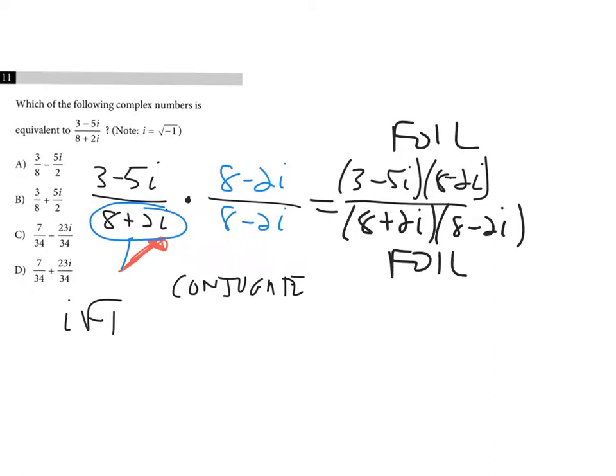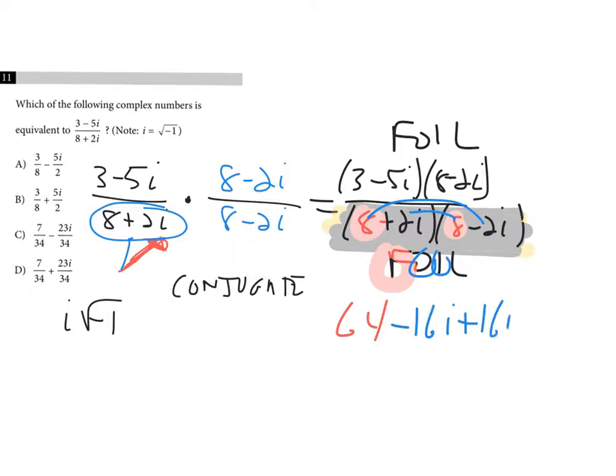I'm going to start off looking at the denominator and specifically what happens when you FOIL conjugates together. Here your firsts, 8 times 8, is just going to give you a 64. But now your outsides, 8 times negative 2i, that's negative 16i. The insides, 2i times 8, is positive 16i.